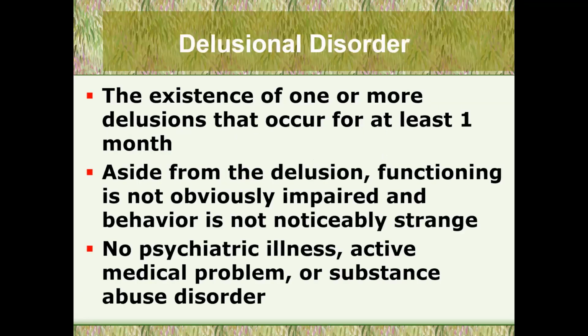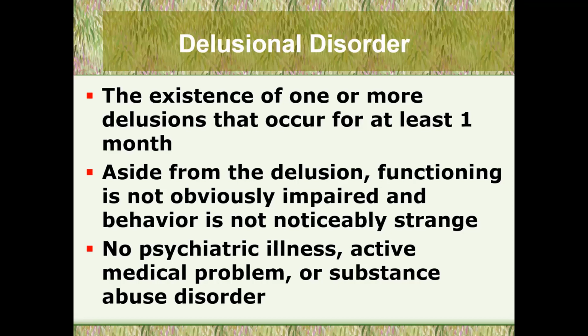Next slide, please. There is a bona fide psychiatric condition called delusional disorder. There is some debate in the psychiatric community as to whether this is a real phenomenon or not, but it is out there. It's in the DSM-5. It does have its own DRG code.